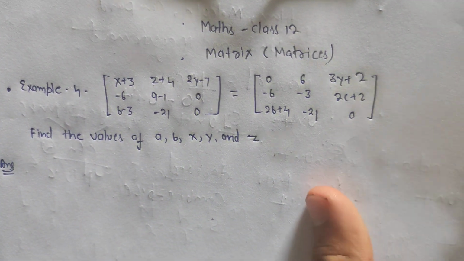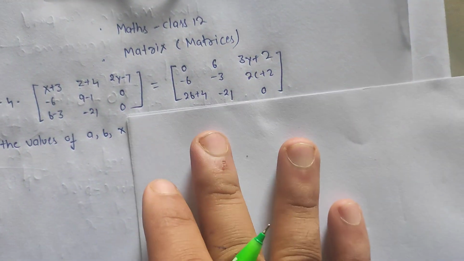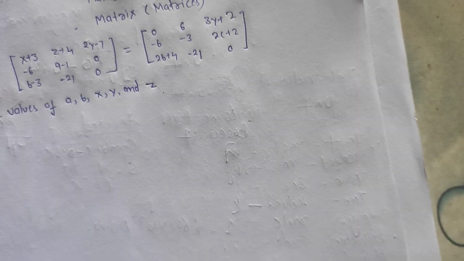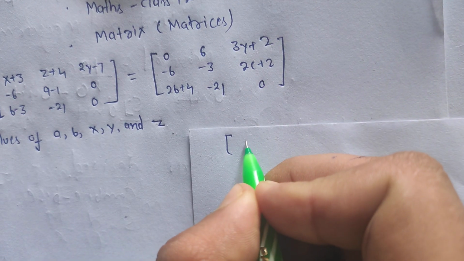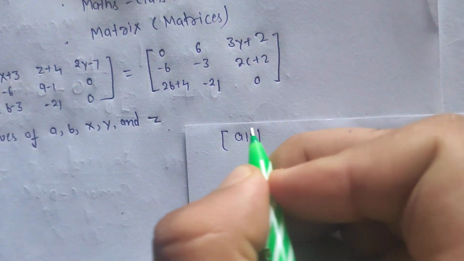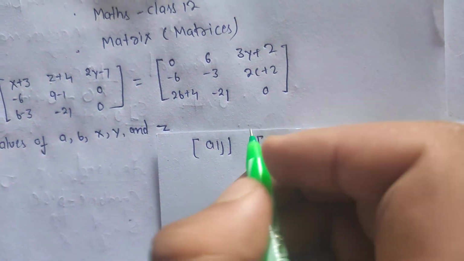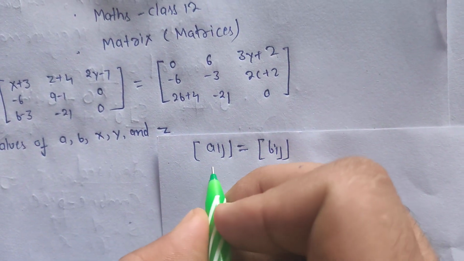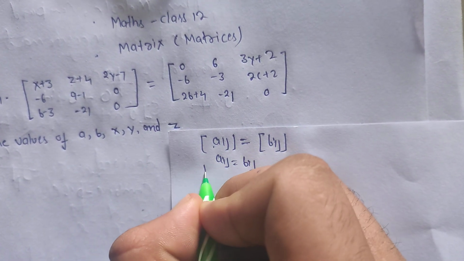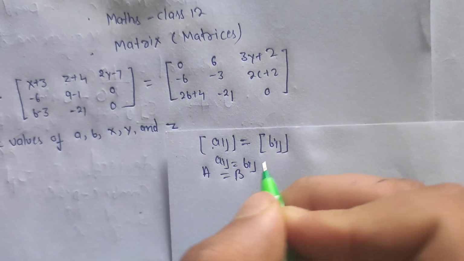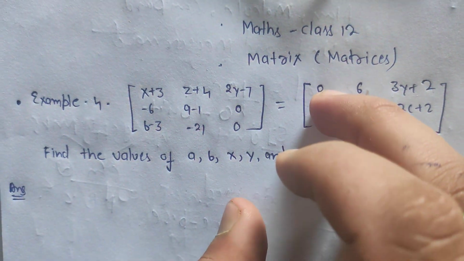By the concept of equality, suppose I say the first matrix Aij and the second matrix Bij are said to be equal if both are equal, that is Aij is equal to Bij, that is, all elements of A are equal to all elements of B. Similarly, A11 is equal to A11 of the second one.